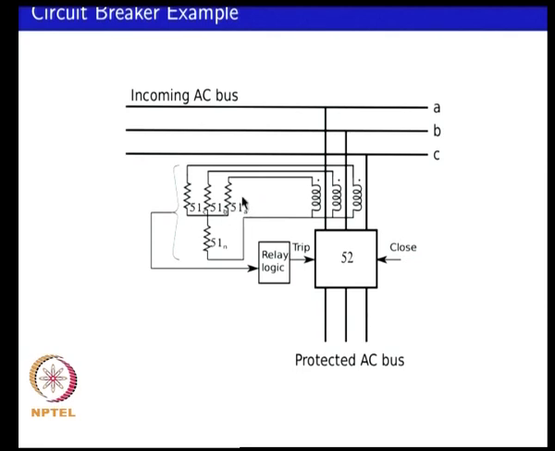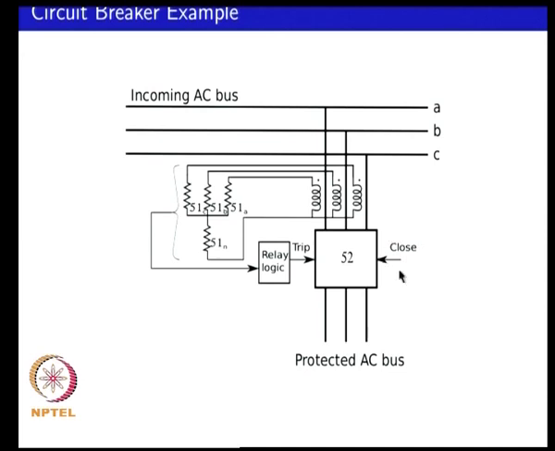You have 51 overcurrent for phase A, for phase B and for phase C, and the sum of the currents in phase A plus B plus C would be your neutral current, and then you can look at whether there is an overcurrent on the neutral, and based on this information you have a logic which would then decide on whether to initiate a trip of the circuit breaker. Okay. So, you would have a circuit breaker where you can initiate a trip action.